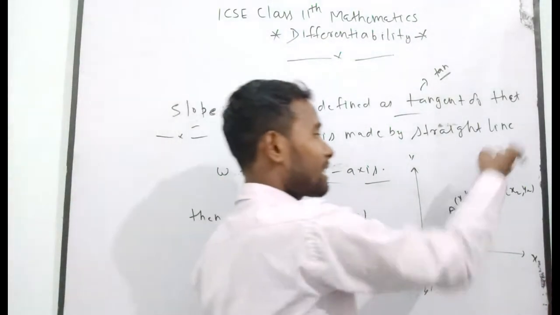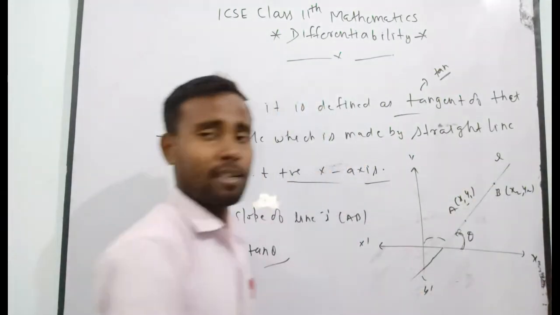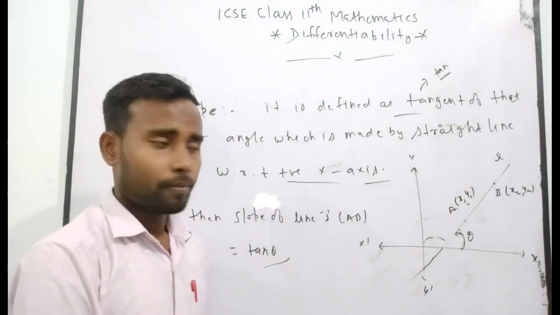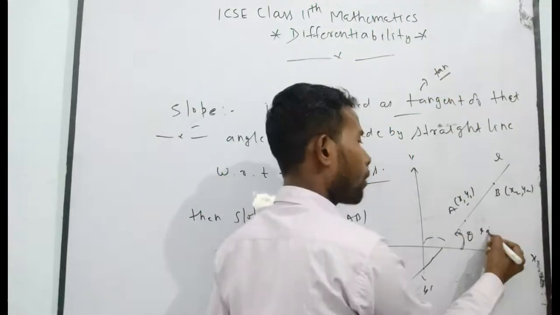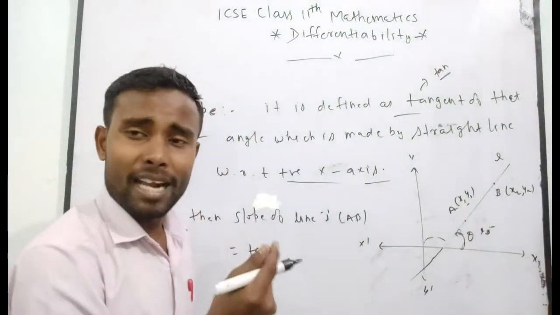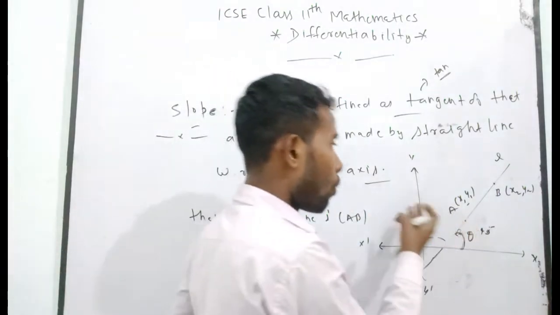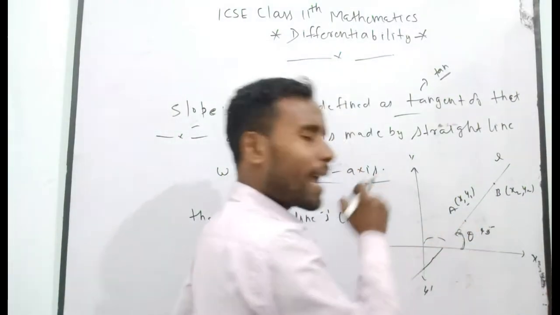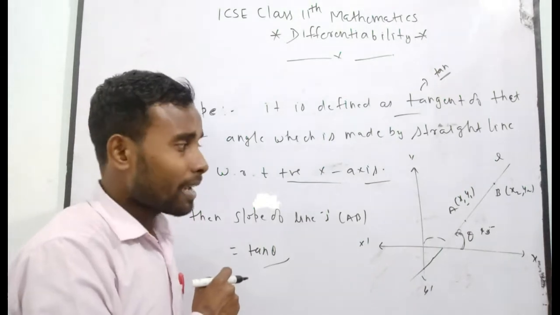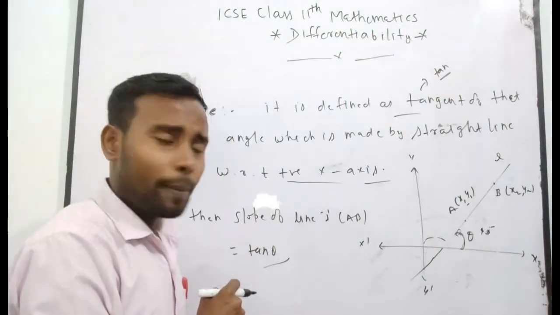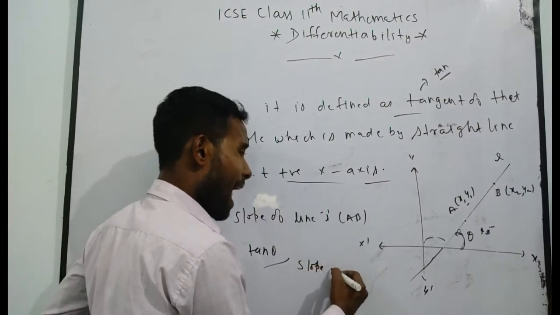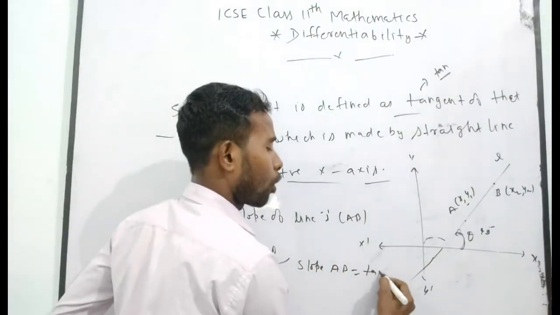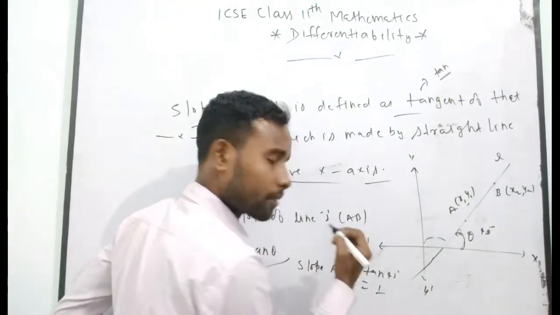Suppose that this line makes an angle of 45 degrees with the positive x-axis. What will happen here? In that case, the slope of AB will be tan 45, which will be 1.